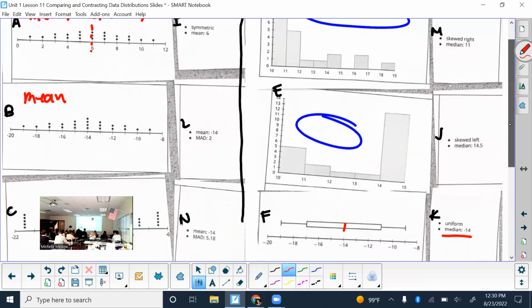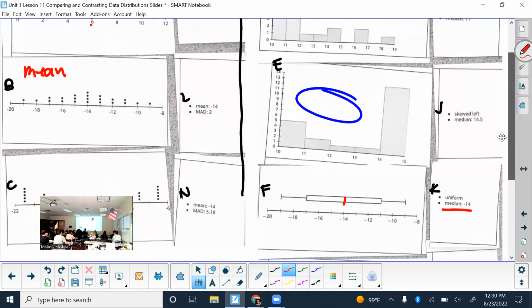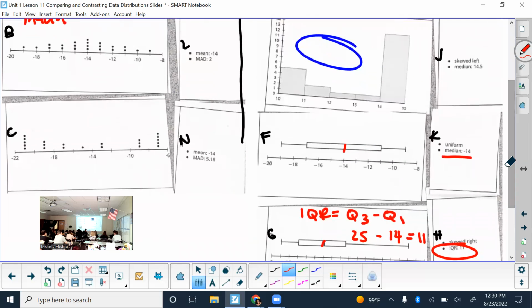What about the next one? C. Is the mean or median better? For the most part, is it symmetrical? So I had to check my notes for this too, my answer key, because I wasn't 100% sure what they would say. But in this one, it said the mean, because it is mostly symmetrical.